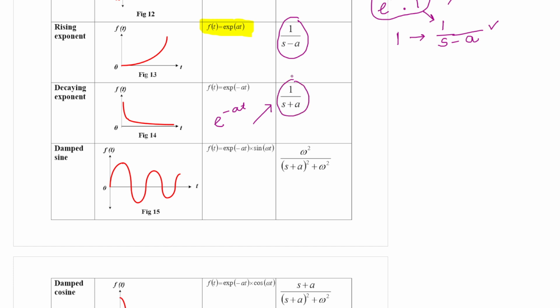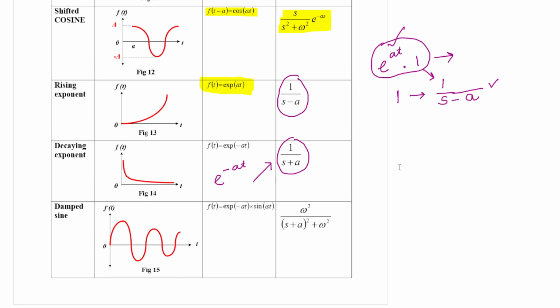Again I am repeating why: e to the power at means e to the power at into 1. 1 is the step signal, so the Laplace transform of the step signal is 1 by s. Since it is multiplied in the time domain, it must be shifted in the frequency domain by a factor a. So the result is 1 by s minus a.